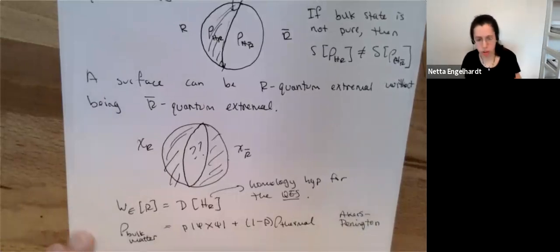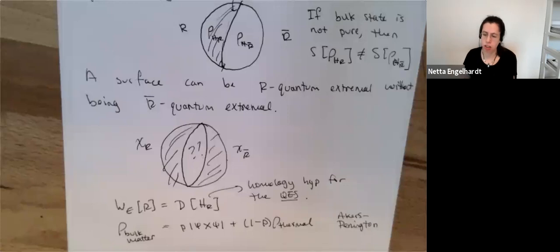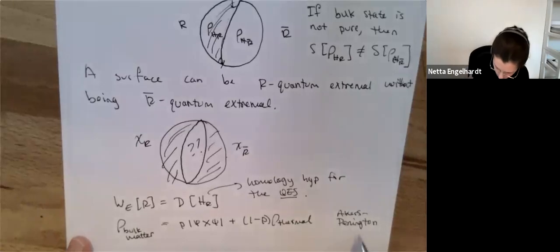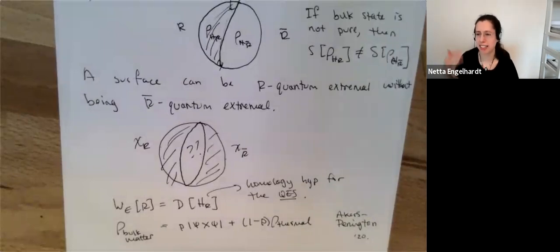And it appears that you do potentially need to slightly modify this. It's not 100% clear yet what the right modification is, but it is clear that it has to admit some kind of modification when you're looking at states that are mixtures like this. This is a paper from 2020. Okay, so next time we're going to talk about reconstruction and complexity of reconstruction, all in 75 minutes.